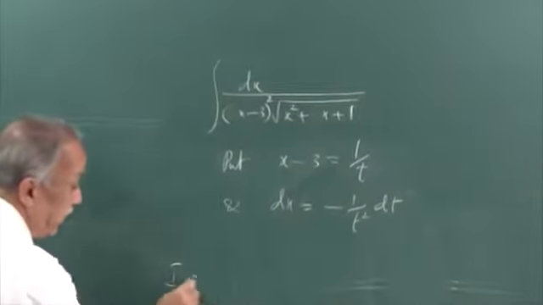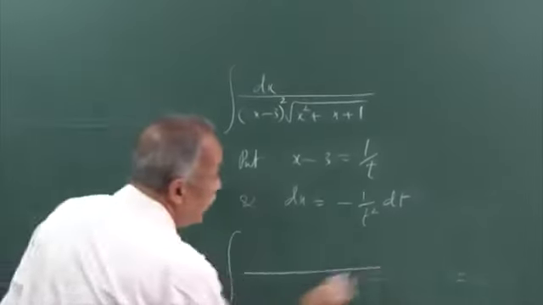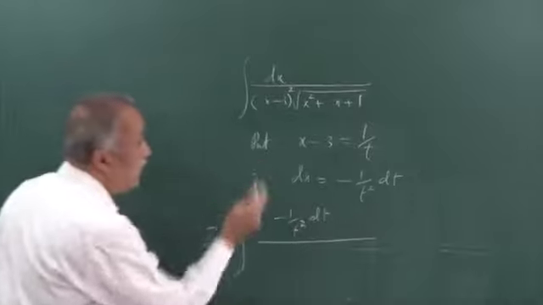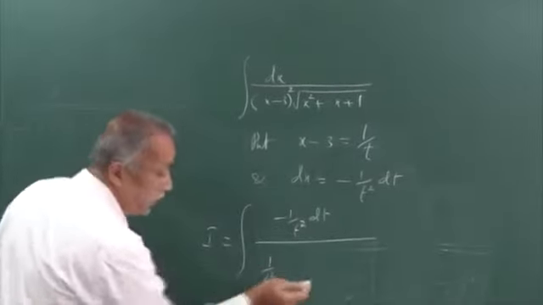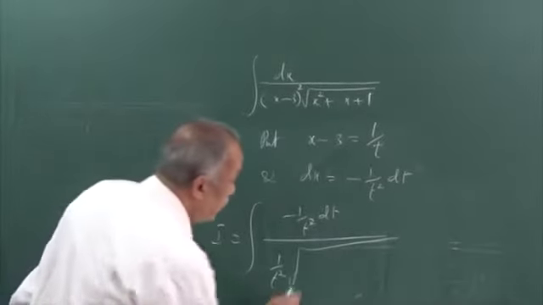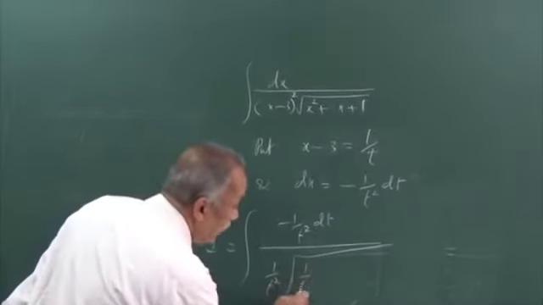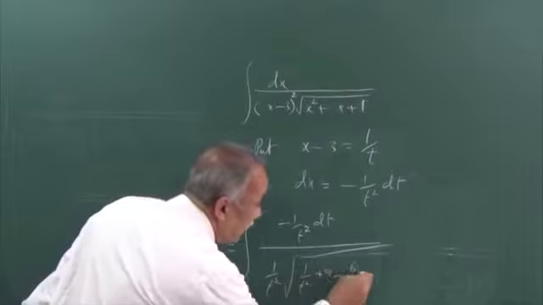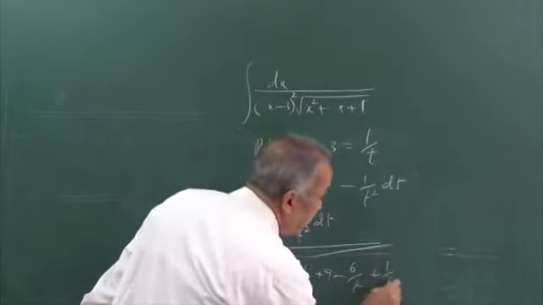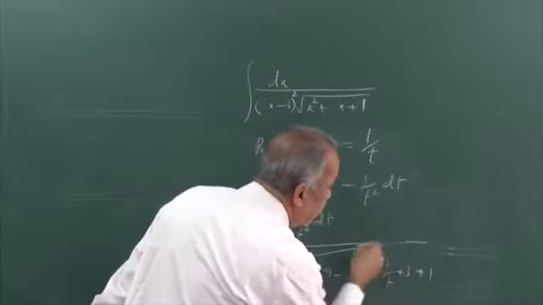The integrand becomes minus 1 by t square dt. X minus 3 whole square is 1 by t square into root of x square is 1 by t plus 3 whole square, 1 by t square plus 9 plus 6 by t, x is 1 by t plus 3 plus 1.